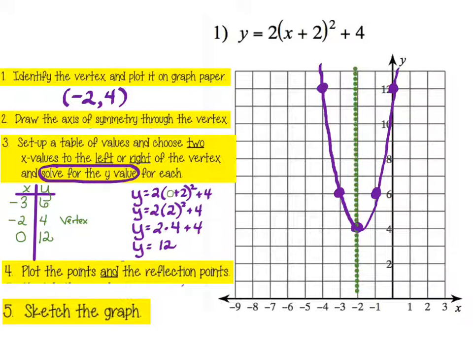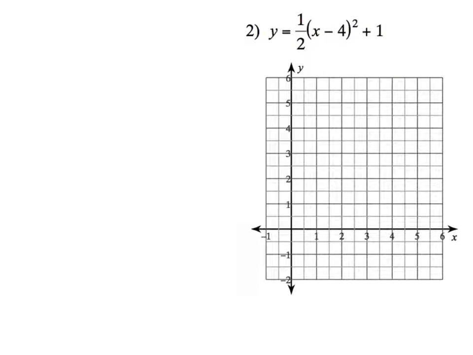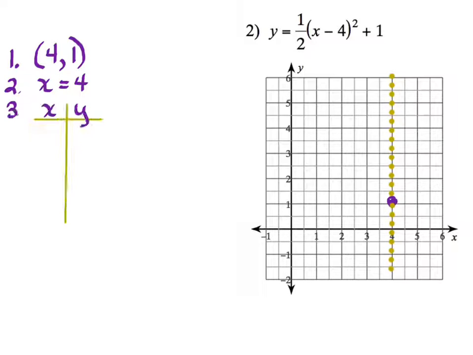It's done. We're going to take a look at a few more. Again, you want to identify the vertex, plot it, draw the axis of symmetry, create a table of values, and put that vertex right there in the middle.